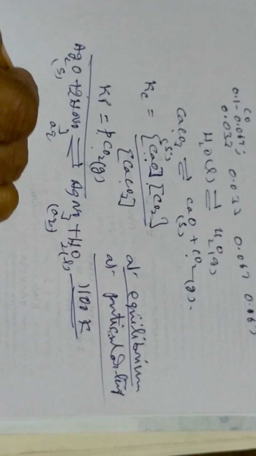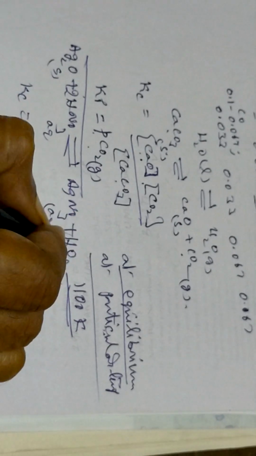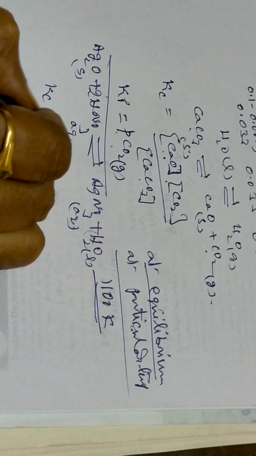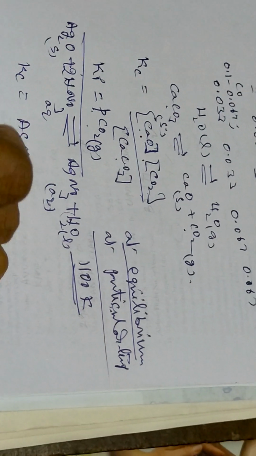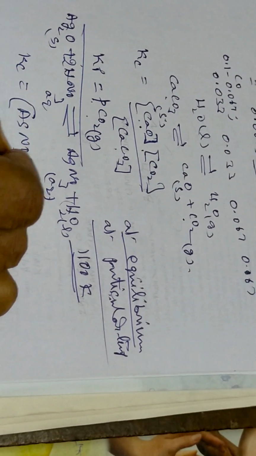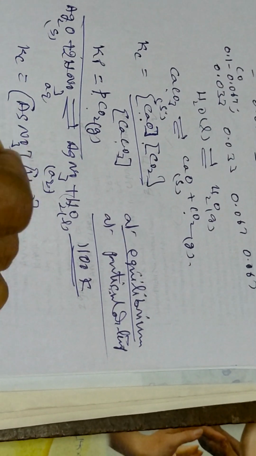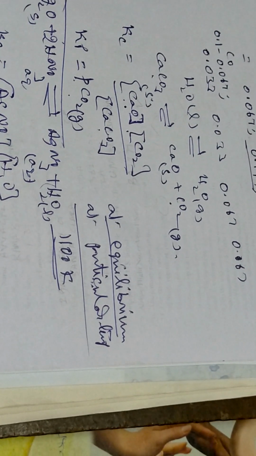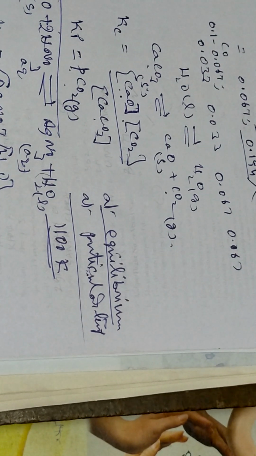If you are writing Kc, what do we have to write? I am supposed to write AgNO3 concentration times H2O by Ag2O and HNO3 squared.